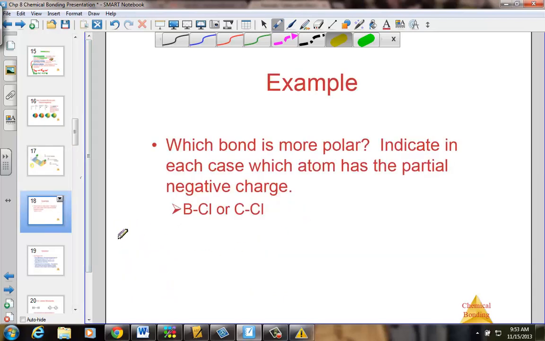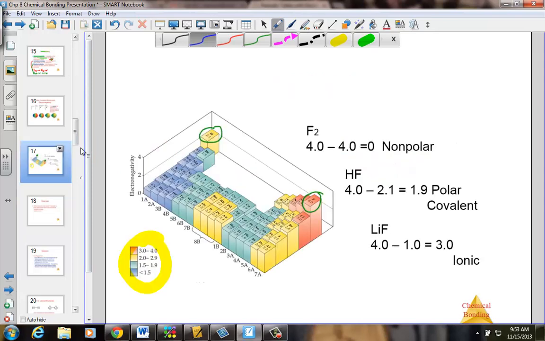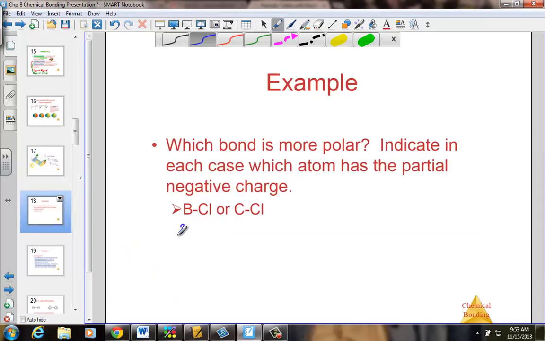Let's take an example. Which bond is more polar? Indicate in each case which atom has the more partial negative charge. Boron to chlorine or carbon to chlorine. I'm going to need a tool page. Boron has a value of 2.0. I'm going to jot that so I remember.